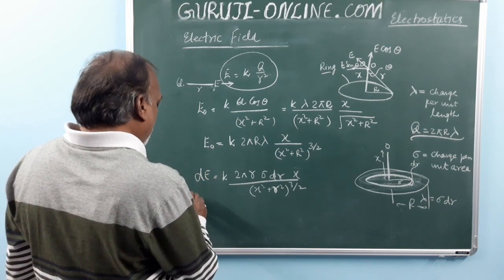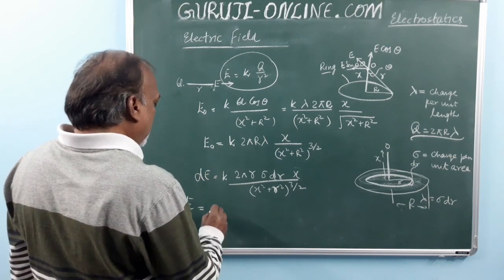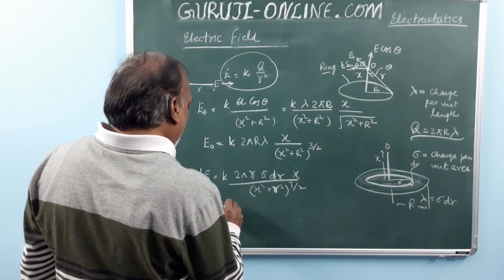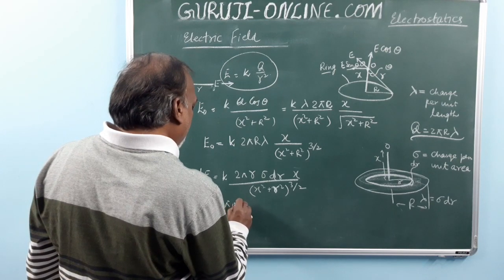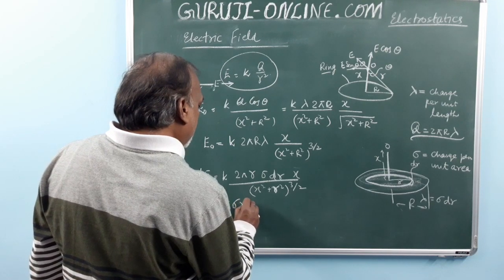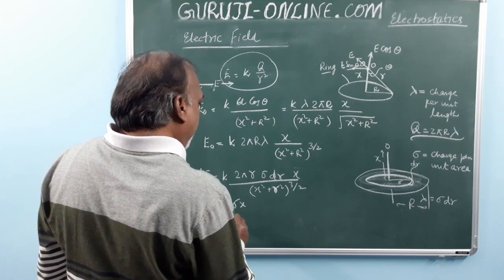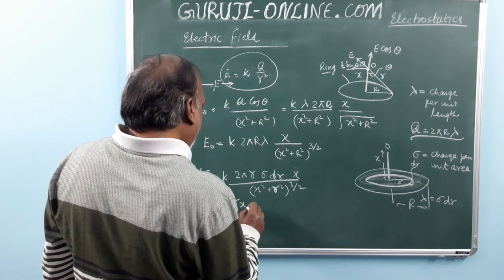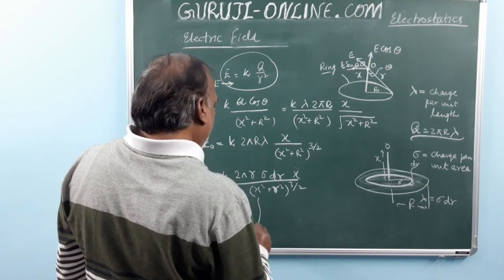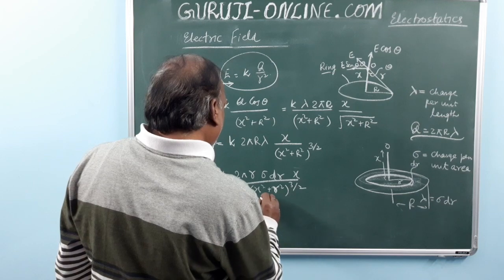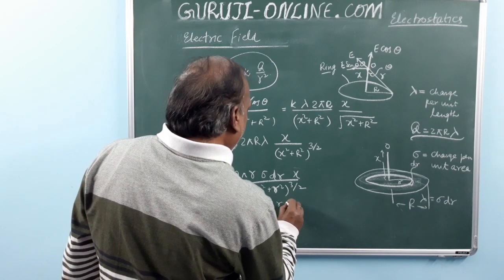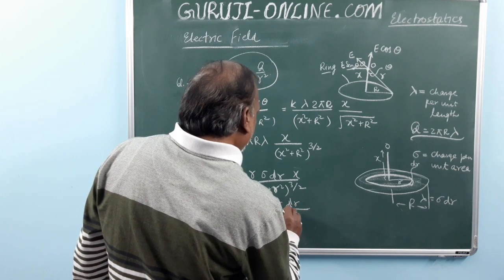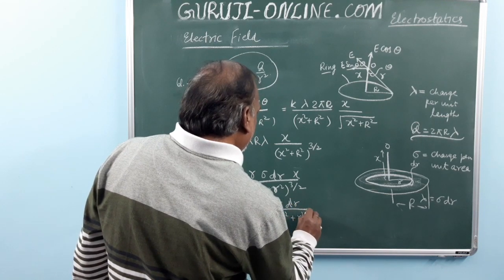So the total electric field due to the disk will be K 2 pi sigma x upon, or you can write this, integral from 0 to R of r dr upon x square plus r square to the power 3 by 2.